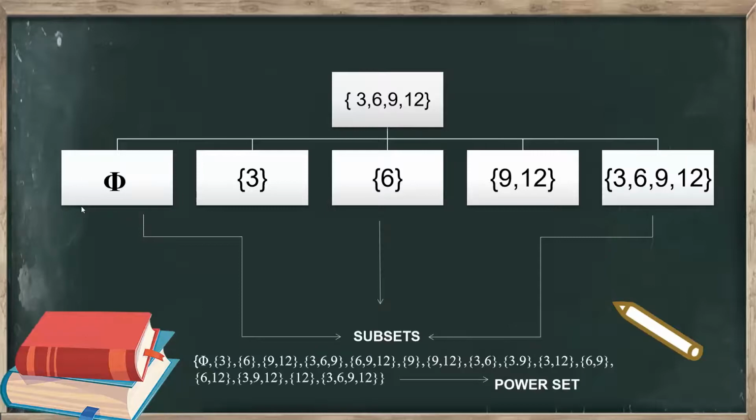In all the sets, the empty set and the full set, the set itself will always be a subset. Now, if you take all the subsets together, if you put every subset together into another set, a set of all the subsets, that set is called the power set.